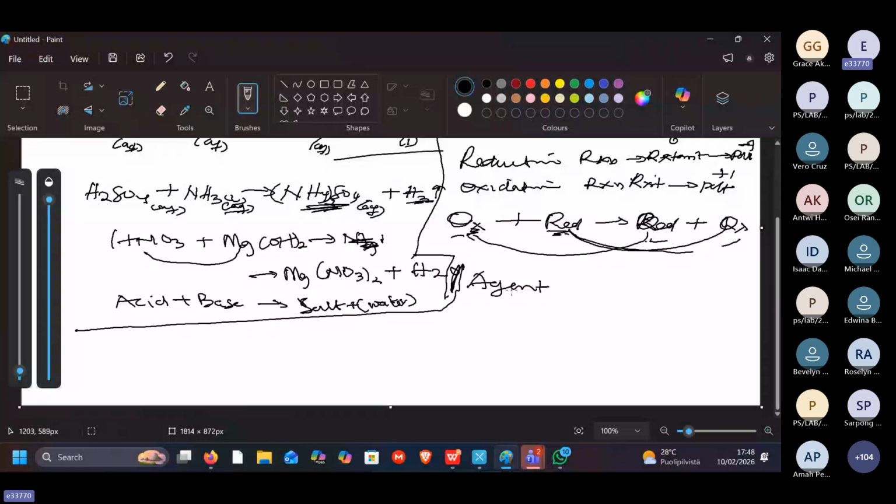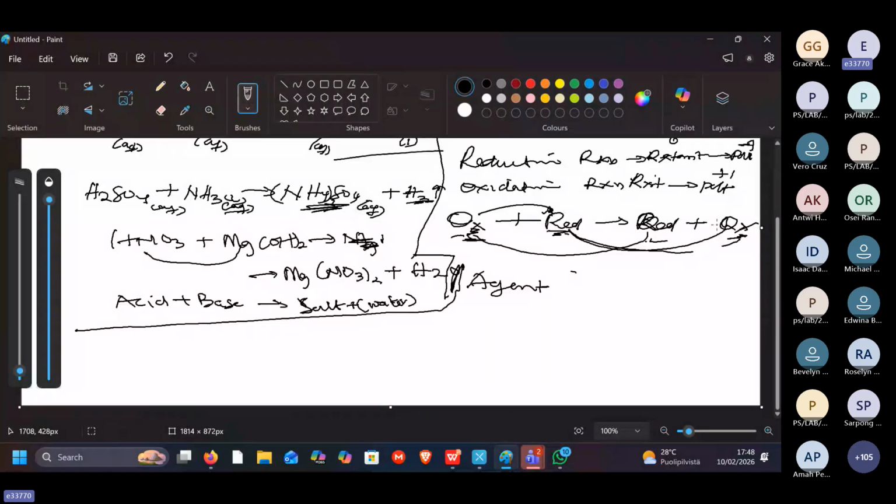Okay. So if, for example, this species is causing this compound to lose electron, that's why at the end, it becomes oxidized. The process of losing that electron is what you call an oxidation reaction or oxidation process.